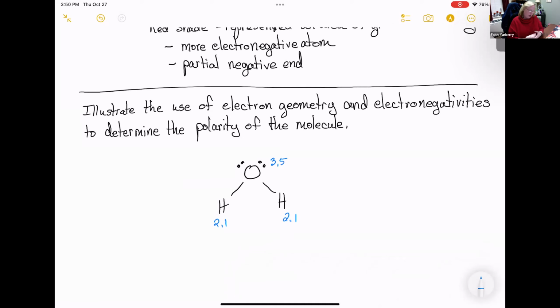As an overall additive process, what I notice is the electronegativity increases towards the oxygen.